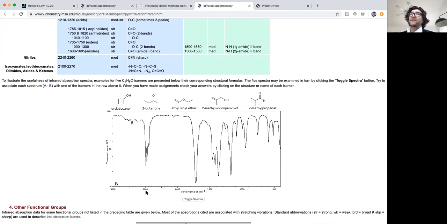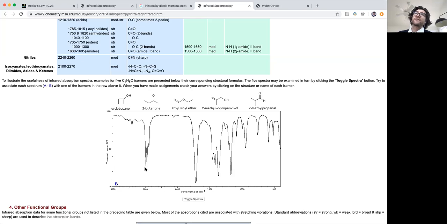That's always a good place to start. And if there are any peaks to the right of 3000, that means that we have CH bonds that are sp3. And if there are any to the left, that means we have CH bonds that are sp2 or sp. We don't have any high intensity peaks there.